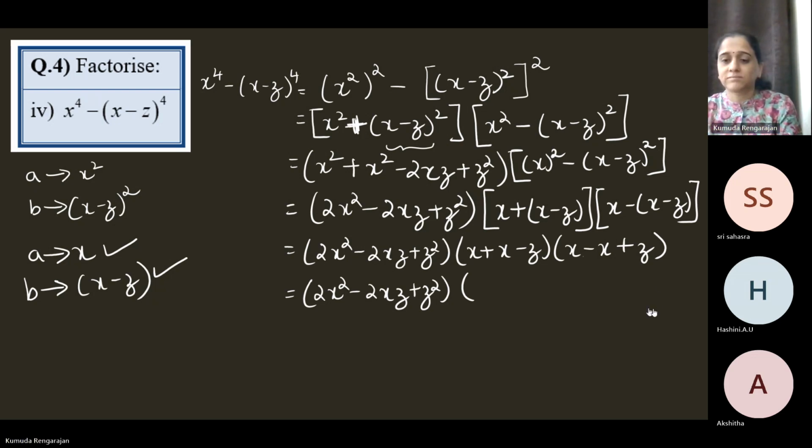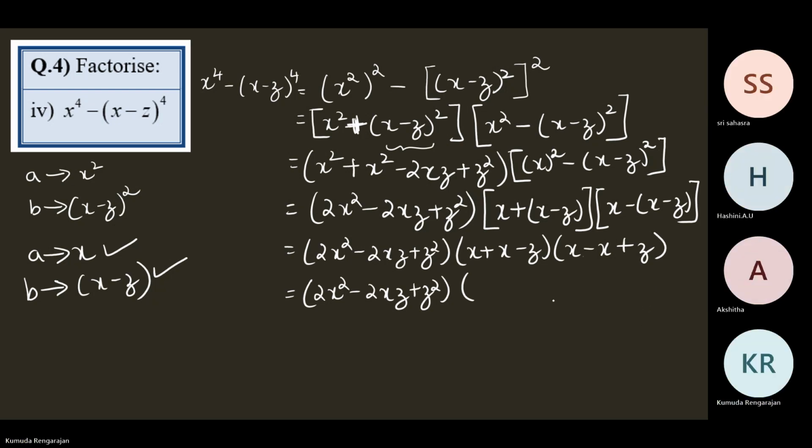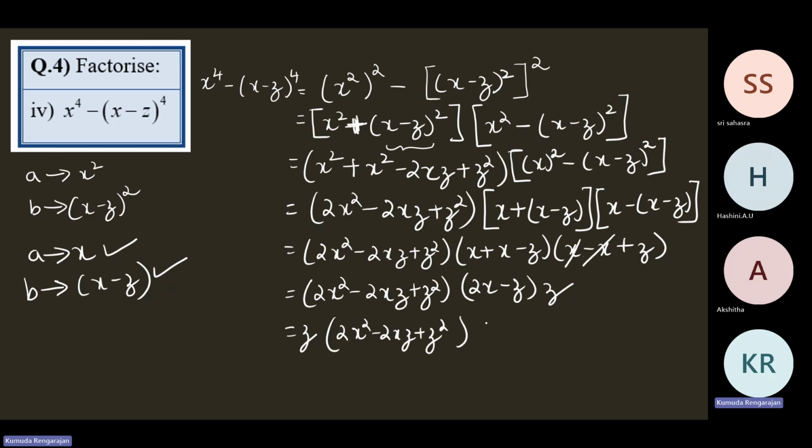Next. X plus x is 2x minus z. And here x and minus x will get cancelled. So z. You can write that z in the beginning here. Z into 2x squared minus 2xz plus z squared into 2x minus z. Otherwise, you can stop here also. Complete the answer.